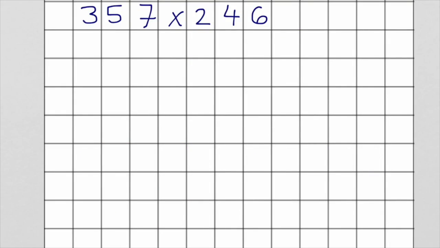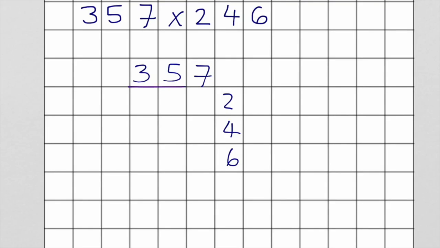Alright, we're going to use the same method now for an even bigger number, 357 times 246. Follow my method, and then you will have a go at one shortly. Okay, so I set my numbers out, 357 up the top, and then the 246 down the right hand side.